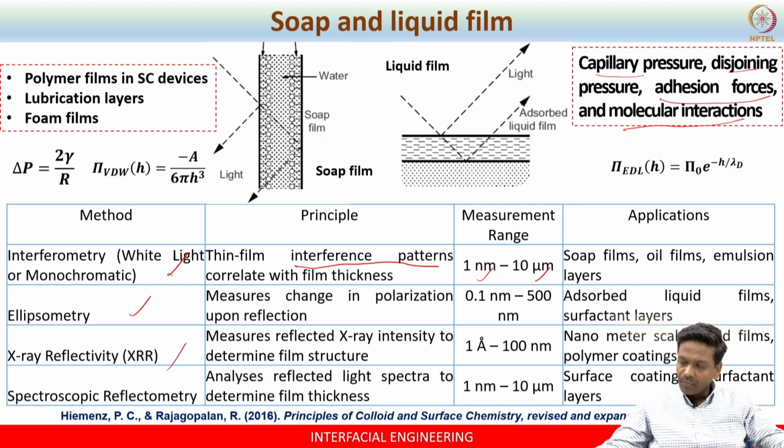By using such interference pattern, one can deduce the information about thickness of film, electron density, interface roughness and layering of molecules in confined films, based on which you can measure capillary pressure or disjoining pressure, and you can talk about whether the type of force involved is van der Waals force or electrical double layer interaction.